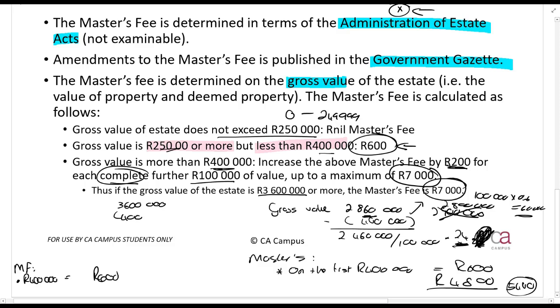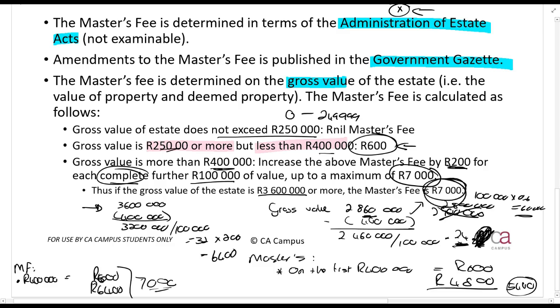So if we deduct the 400,000 there, we are left with 3.2 million. 3.2 million divided by 100,000 gives us 32. 32 times 200 gives us 6,400. 6,400 plus this 600 here gives us 7,000. That's the max. So if your estate is 3.6 million or more, it's 7,000. So even if your estate was 5 million rands, it's limited then to 7,000 rands. That's the maximum that it can be.